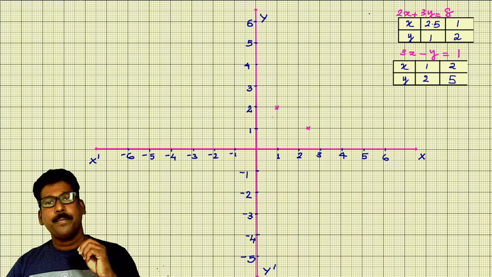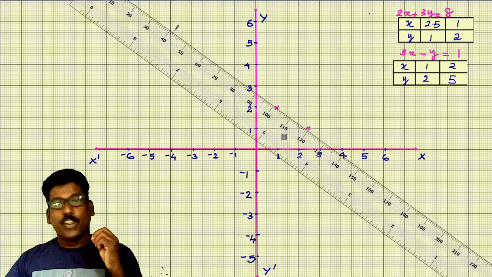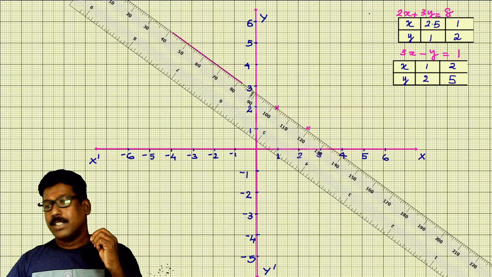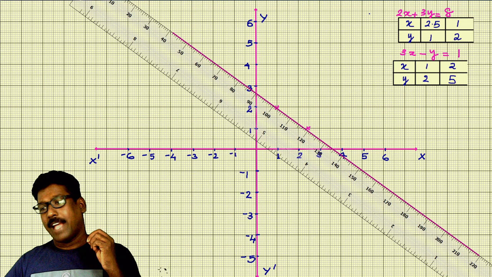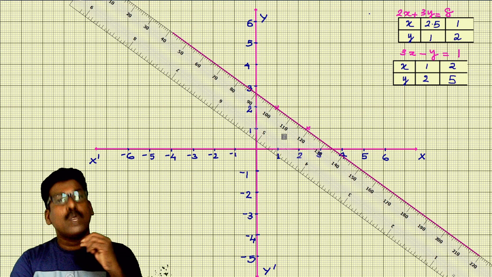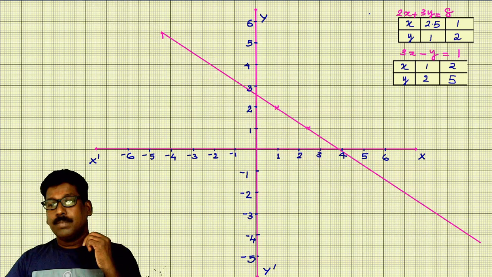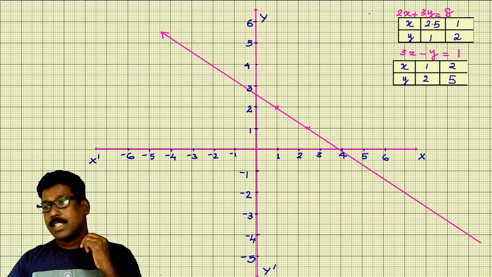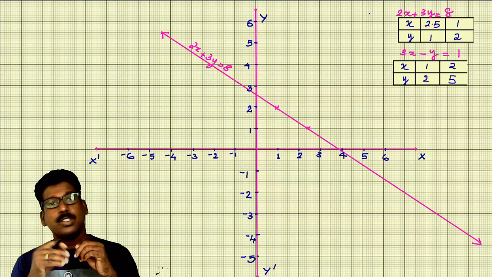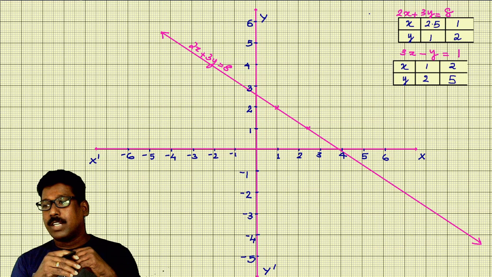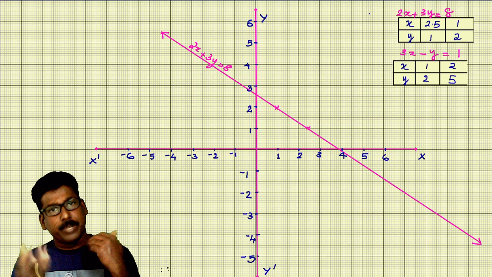Joining these 2 points, we get a line which represents 2x plus 3y is equal to 8. So the graph of 2x plus 3y is equal to 8 is over.